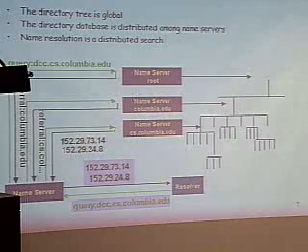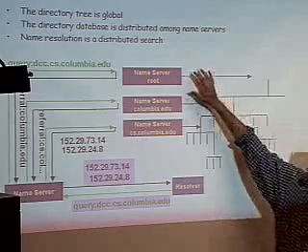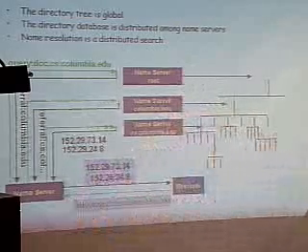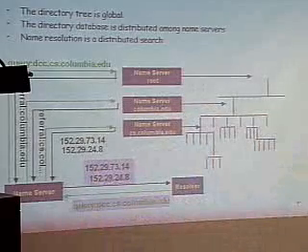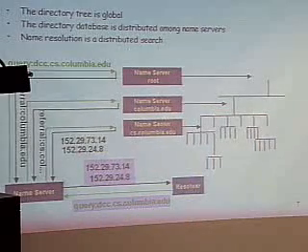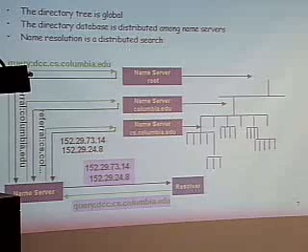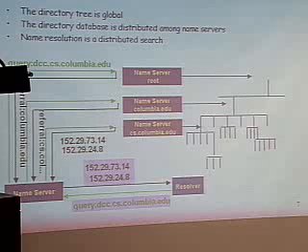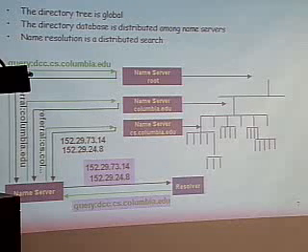So in this distributed database, all of these name servers are part of that database, and none of these name servers have the entire database, but all of them at least know where to go, who to ask if you want a particular information. So that protocol ensures that if there is a right answer, you will get it.